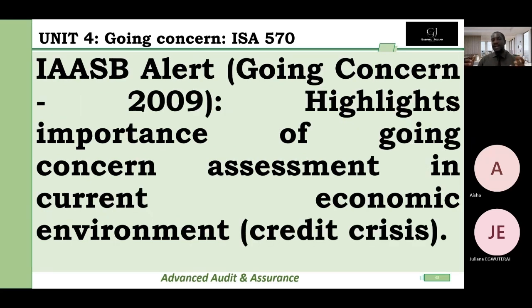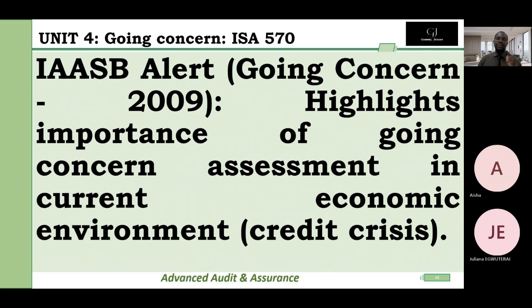And the IAASB alert, International Auditing and Assurance Standards Board alert, on going concern in 2009, highlights the importance of this, to ensure that the concern we have as relates to the economic environment, macroeconomic environment impacting the company, whether credit crisis, global meltdown, economic depression.